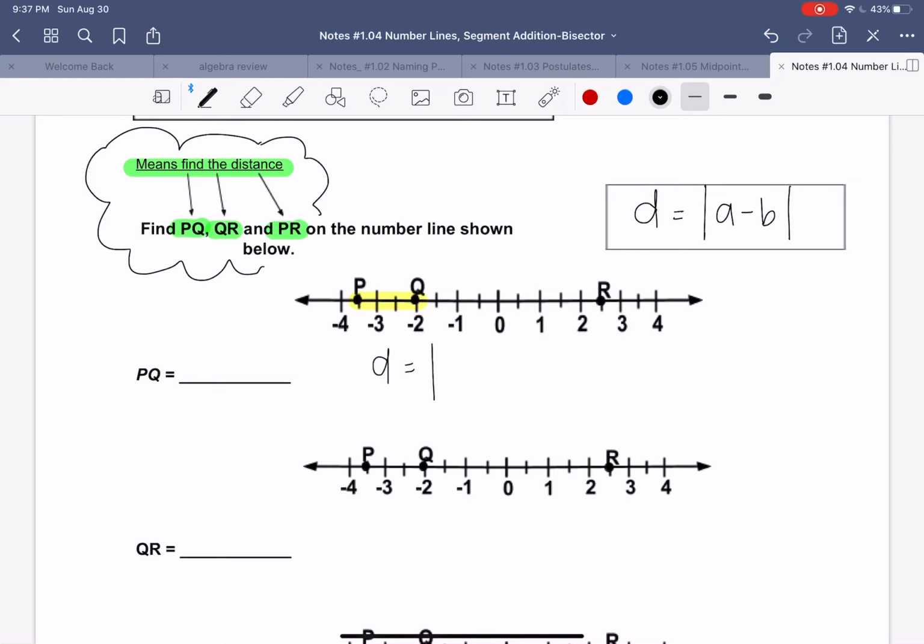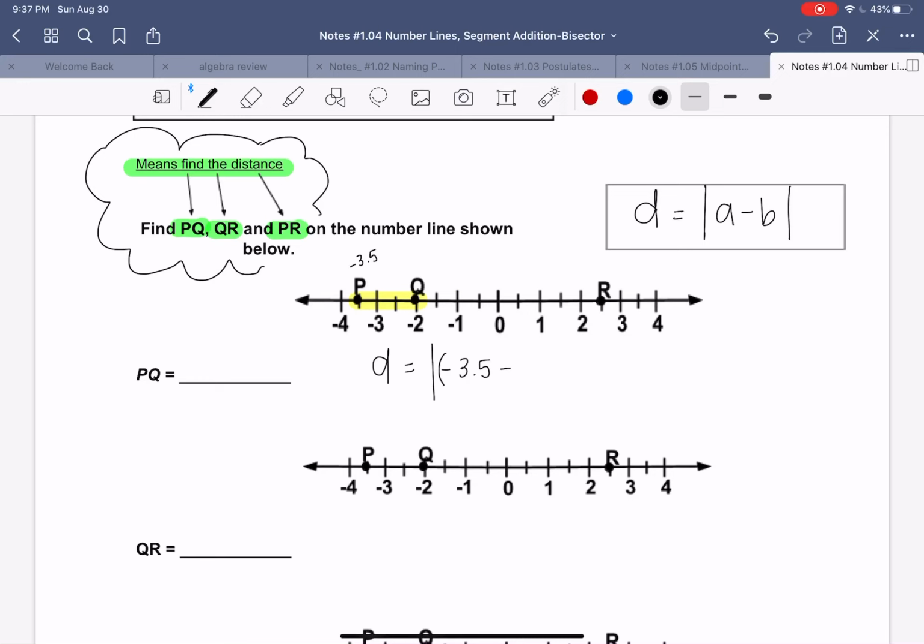I take the absolute value bar. I do one endpoint, which is P, and P is at a negative 3.5 on this one. Okay, I'm subtracting, and I have Q. Okay, and point Q is at negative 2.